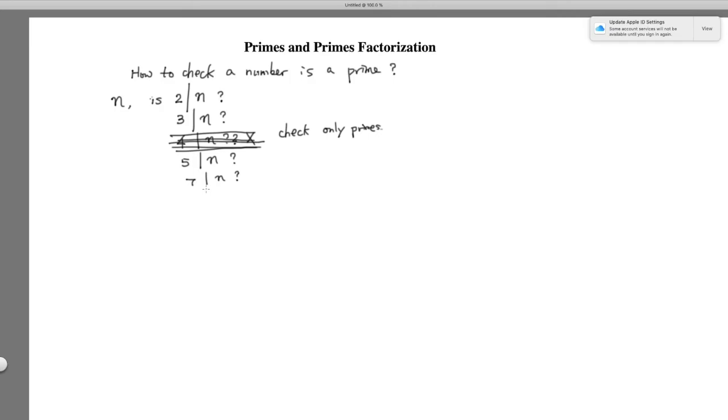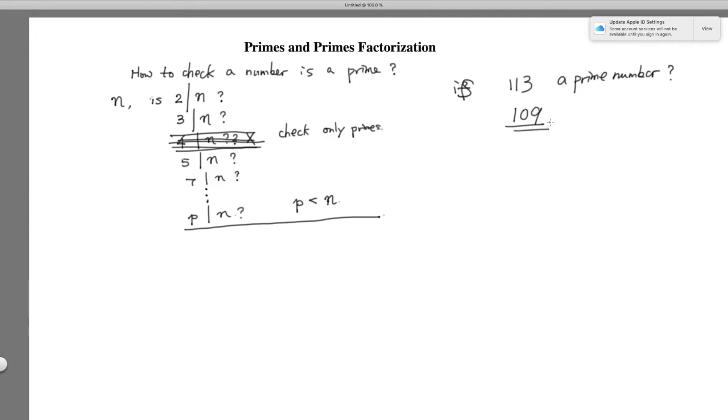Now the next question is, do we need to check all the way up to the largest prime number p less than n? For example, if I want to check whether 113 is a prime number, do we need to check all the way to the largest prime number less than 113, which is, I believe, 109?